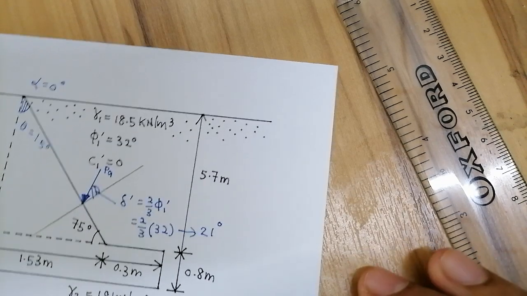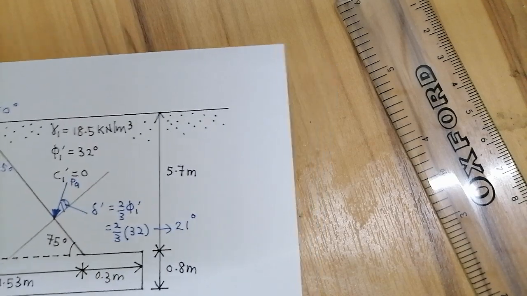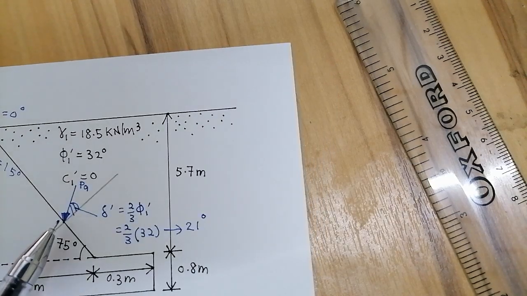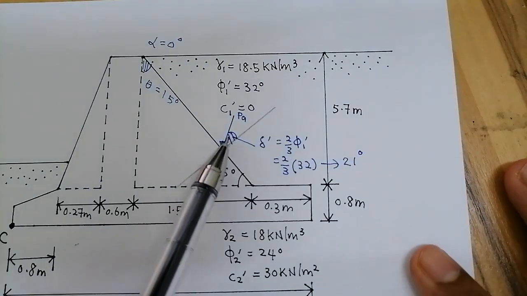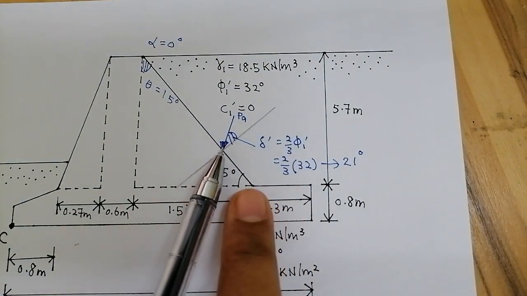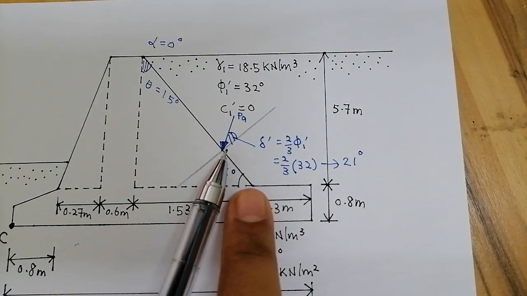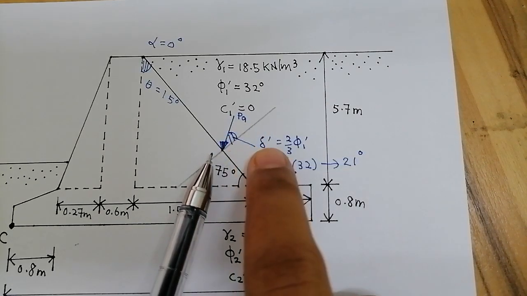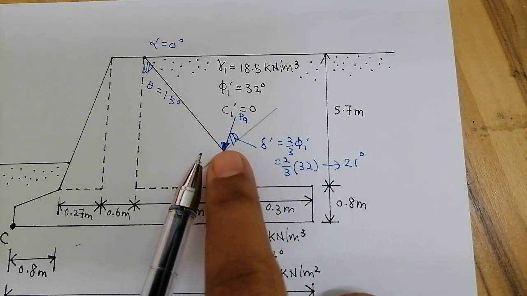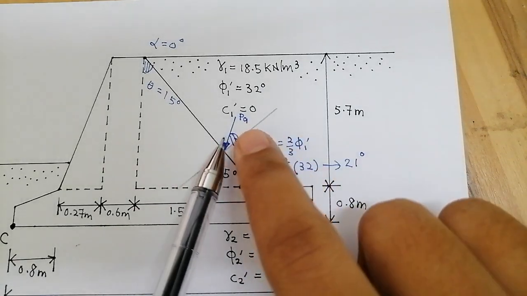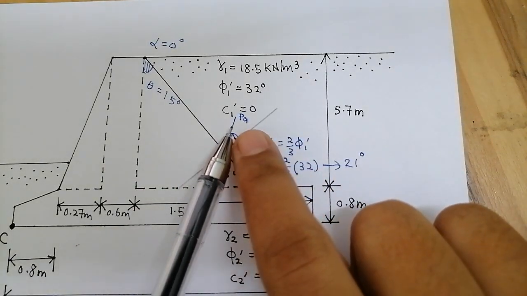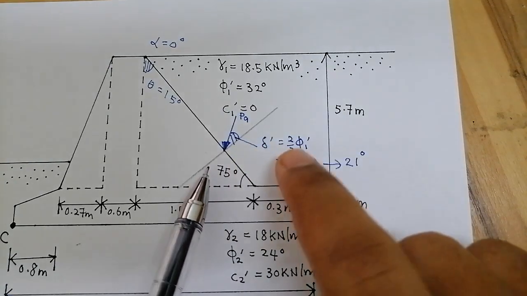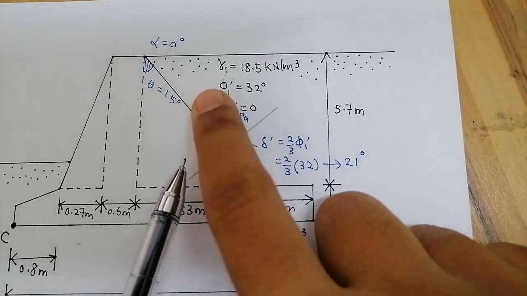So what's the next step? The next step is we have to resolve our PA into its components, PAH and PAV, horizontal and vertical.